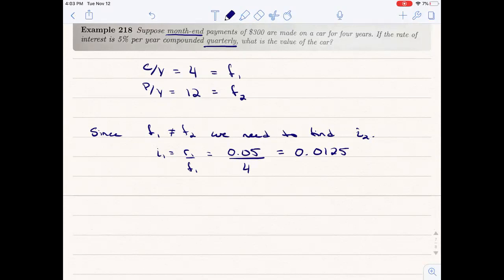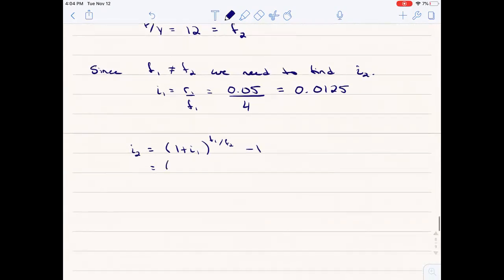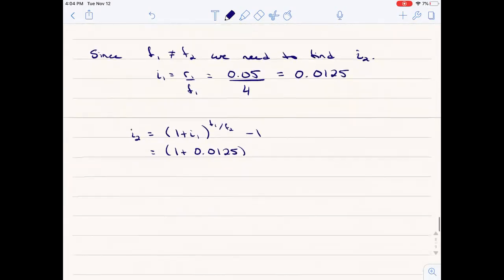So now I can find I2, which is 1 plus I1 to the power of F1 over F2 minus 1. So we have 1 plus 0.0125 to the power of F1, which is 4, divided by 12, and then minus 1.